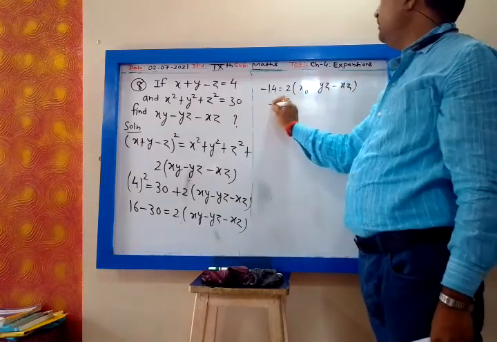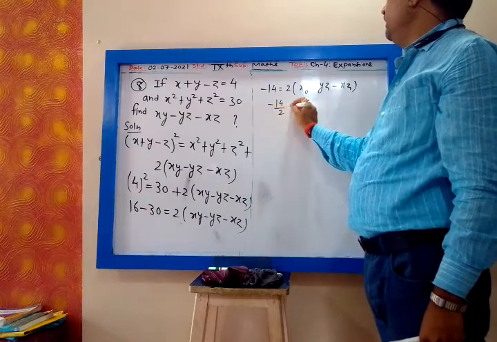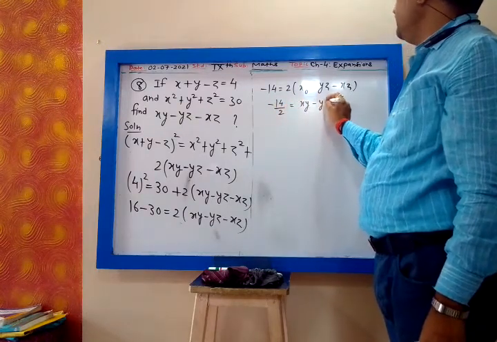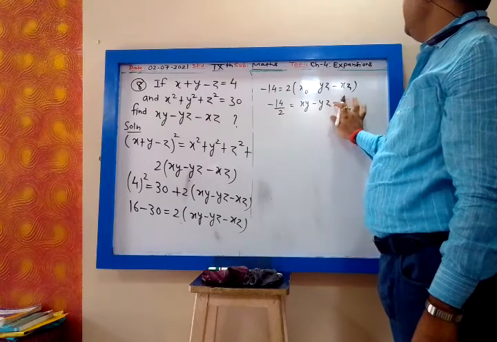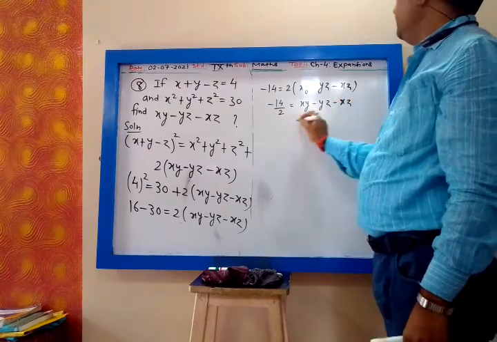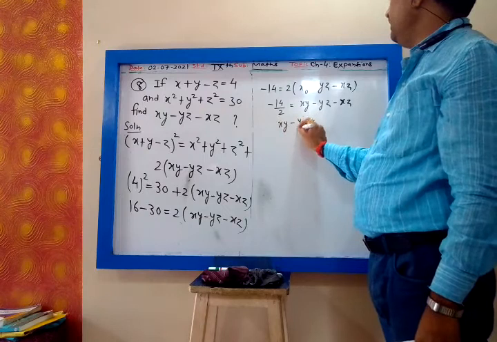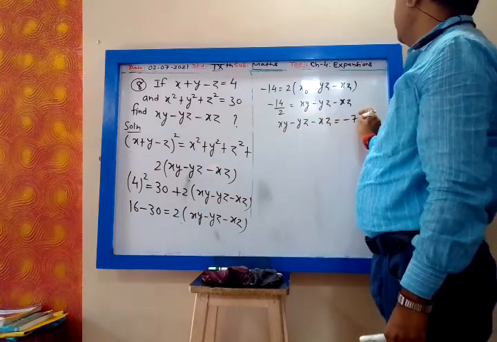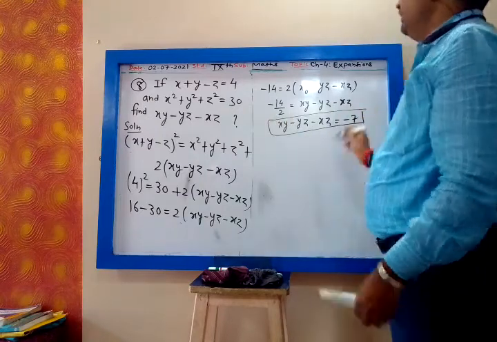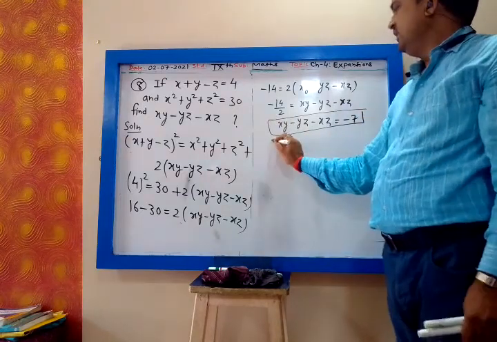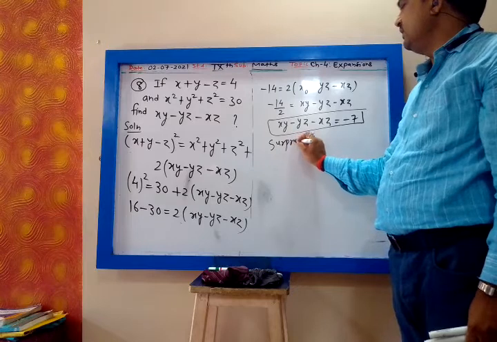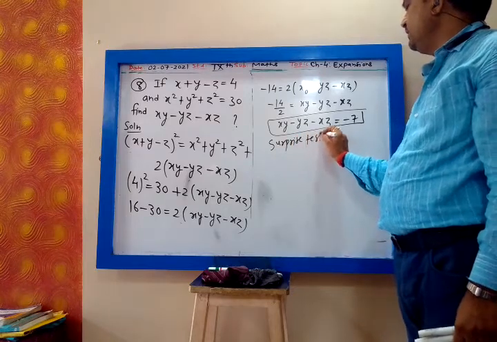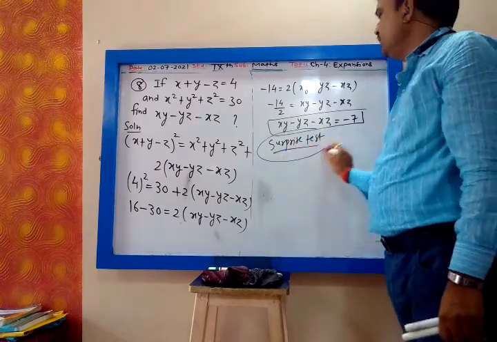So minus 14 divided by 2 is xy minus yz minus xz, correct? So you will get xy minus yz minus xz is equal to minus 7. Answer is minus 7. Okay, so this completes 4C. Chalo, 4C is over.